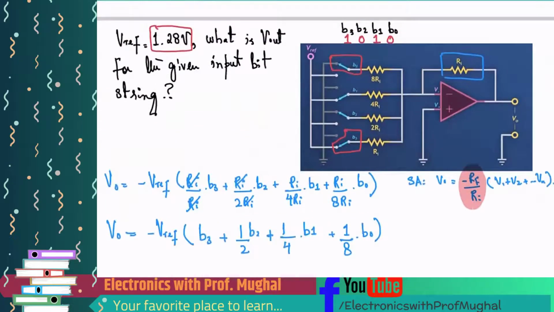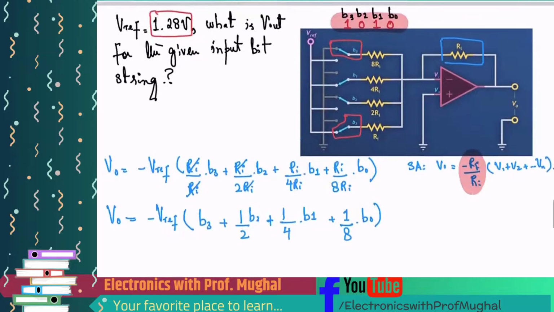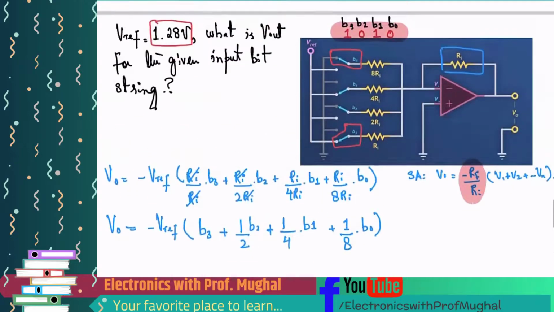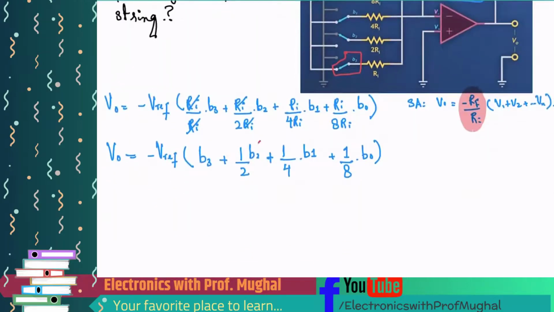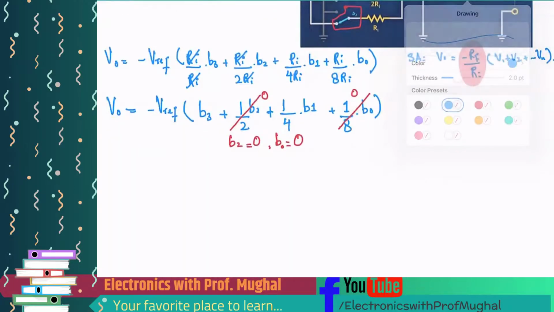Because I know the values of B3, B2, B1, and B naught, let's put those values in. B2 and B naught are 0, so those terms will be 0. So if I rearrange this equation, then I get what?